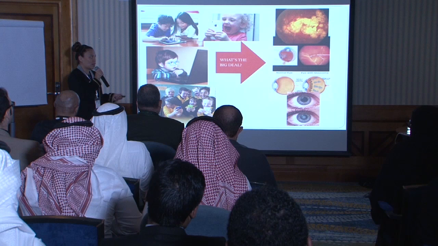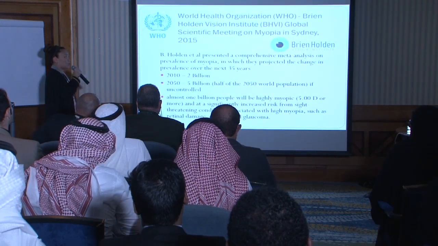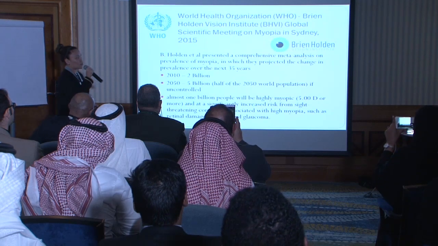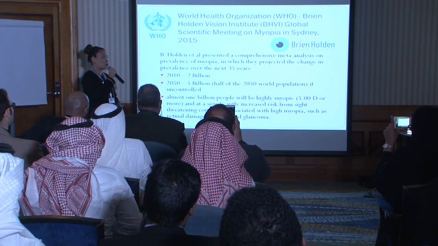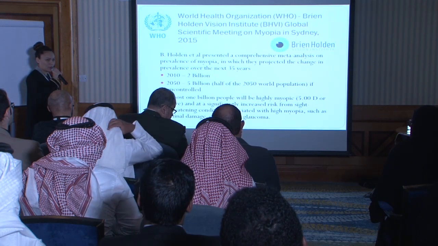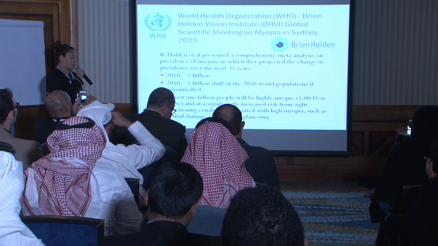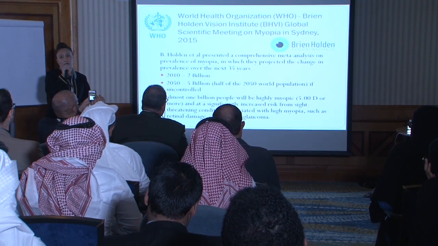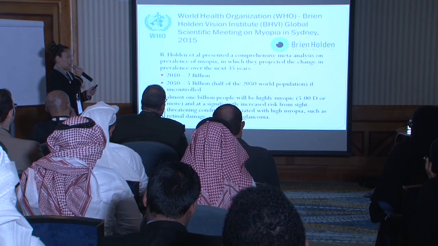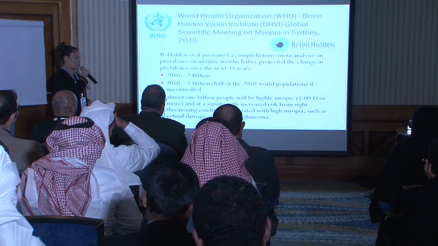So what are these pictures? In 2015, the World Health Organization, together with the Brian Holden Vision Institute, said that in 2010 there were already 2 billion myopic people in the population. It was forecasted that in the next 35 years, there will be 5 billion.